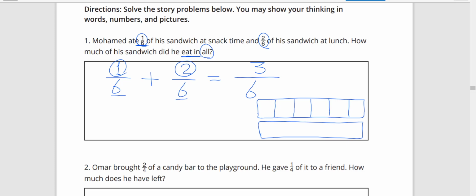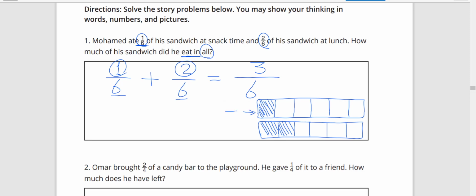He eats one sixth first, so shade one part, and divide the second part into six equal parts, and he eats two sixths of the sandwich, so he eats this.